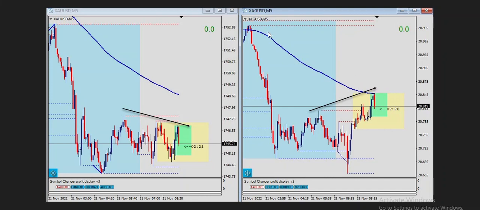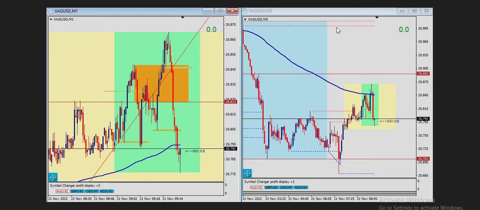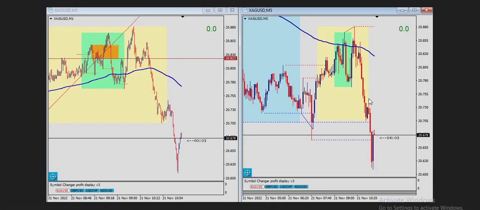This is the 150 exponential moving average. So after this rejection, I took my entry on silver alone. Then this was what happened. I was trying to put my stop loss somewhere here, but I was not allowed, so I moved it up, and this was the end of it.